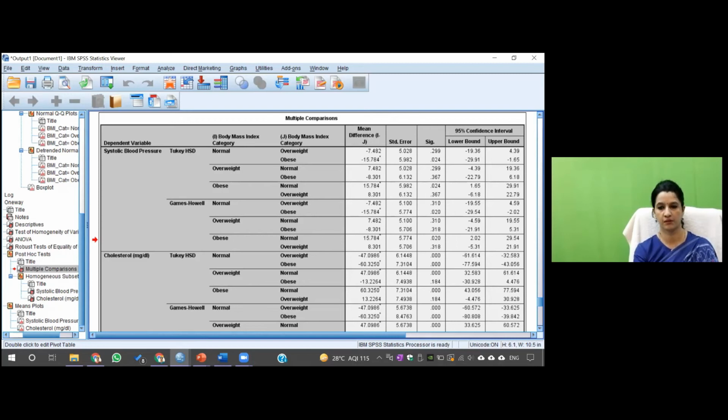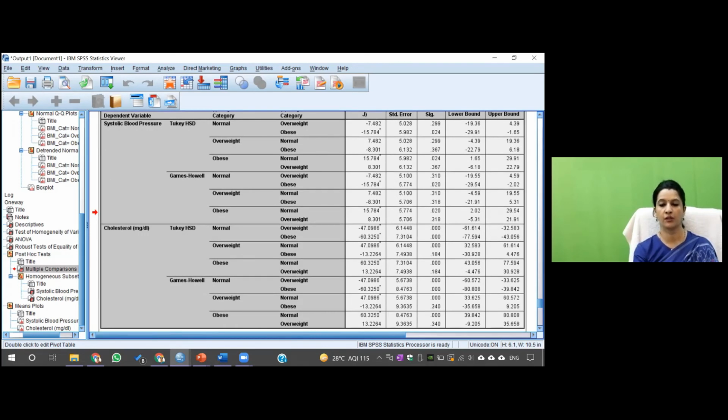Did you get this? Now, I have not gone into the interpretation yet. Just a second. Don't get frightened by the huge look of this table, right? You have to focus only on up till this. I'll show you, only focus on this for the time being.